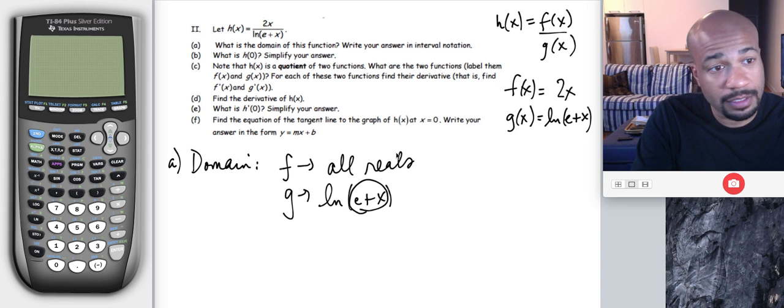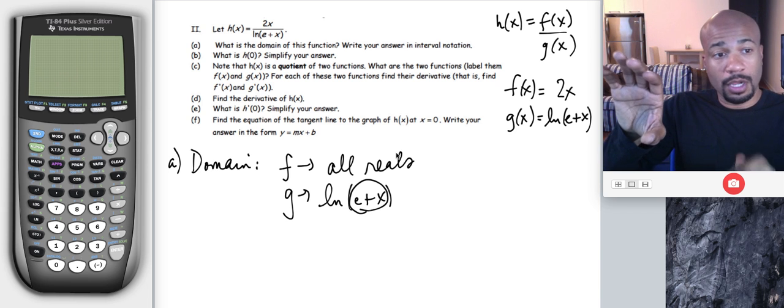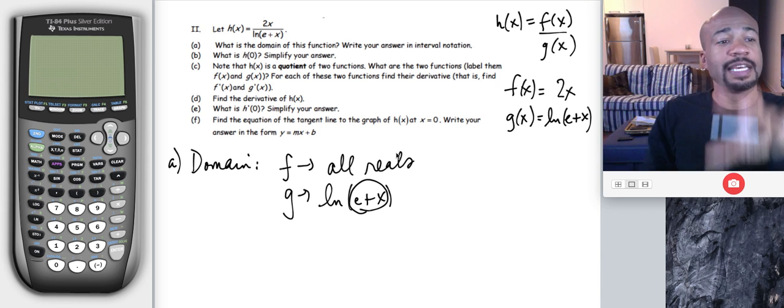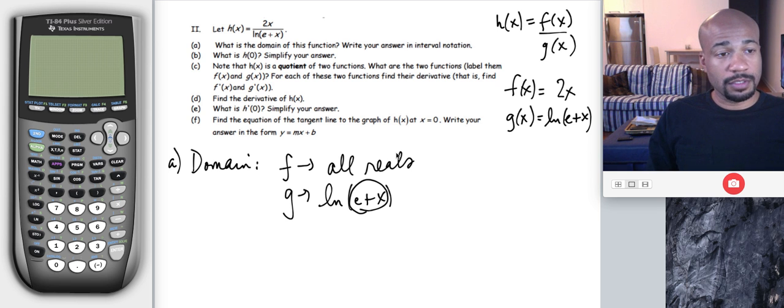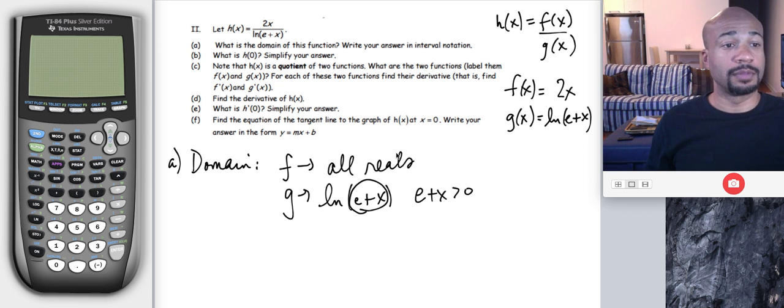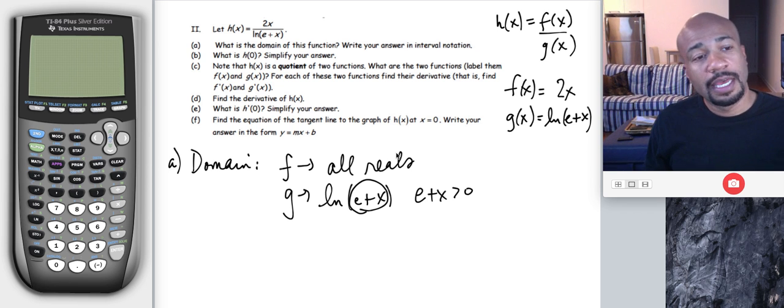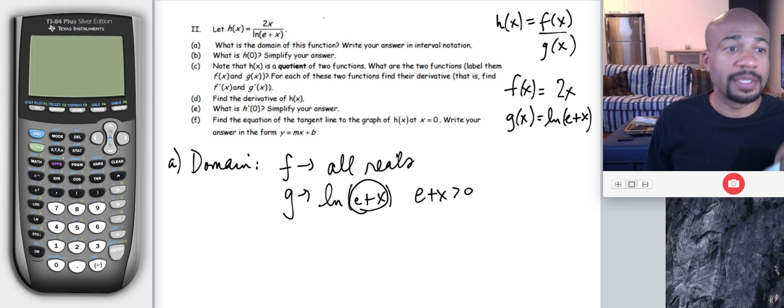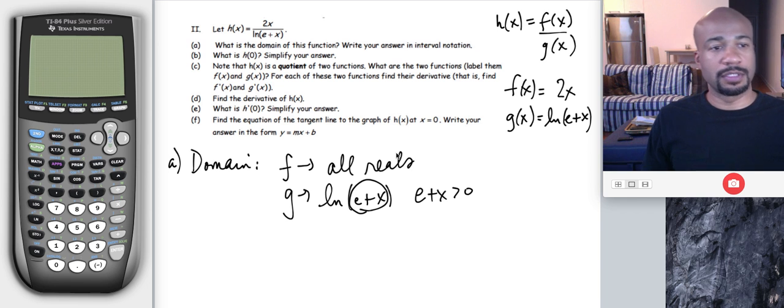If you have natural log and then you have the inside function, the inside function must be greater than 0. So in this case, e plus x is strictly greater than 0. It cannot be equal to 0 because the natural log of 0 is an undefined value.